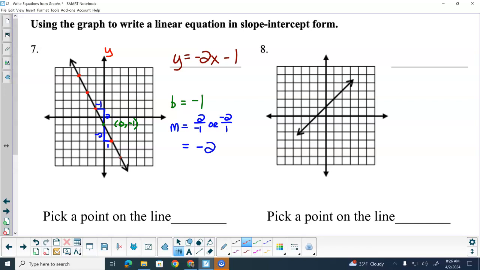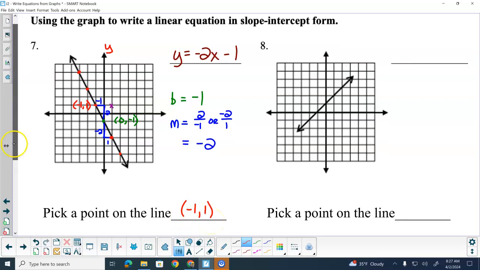So I need two numbers. (1, 1) is not on the line, because (1, 1) is over here. There you go. I like that one. (-1, 1) is this point right here. It is on the line.